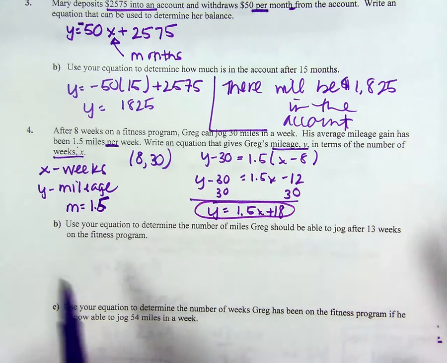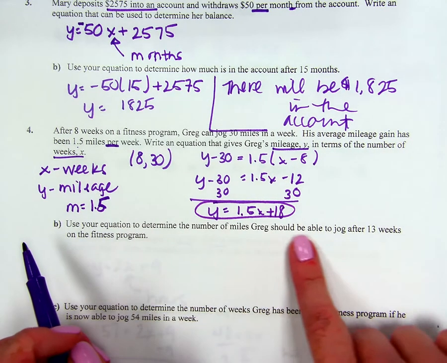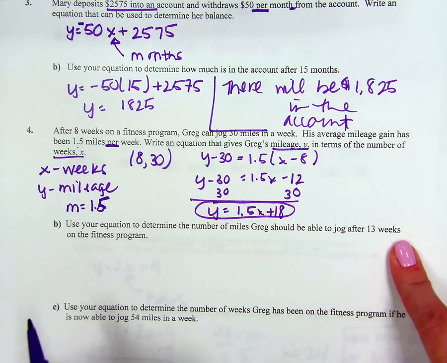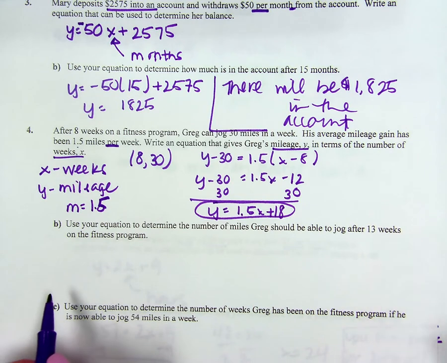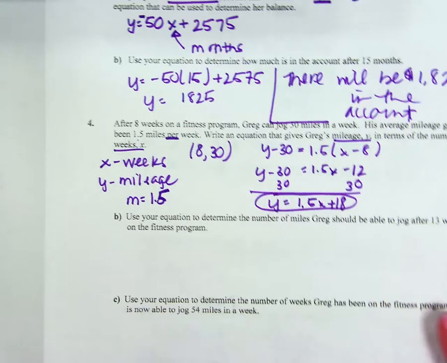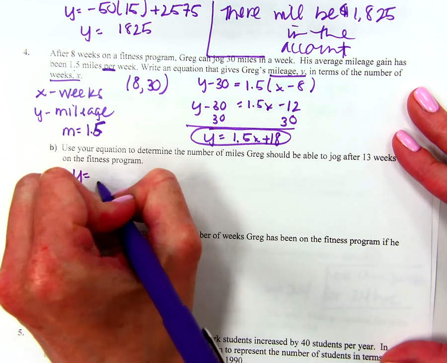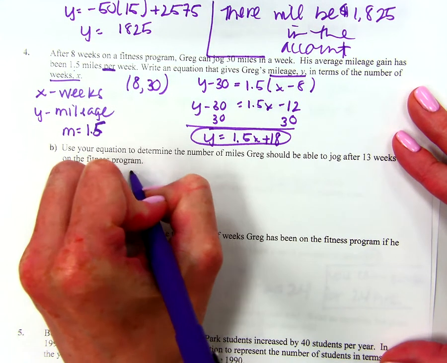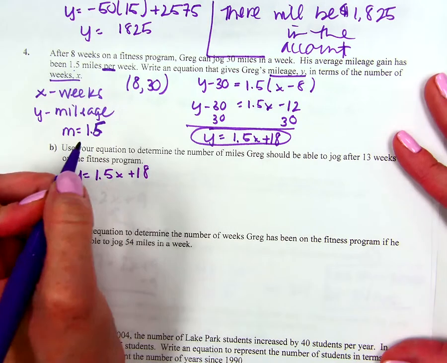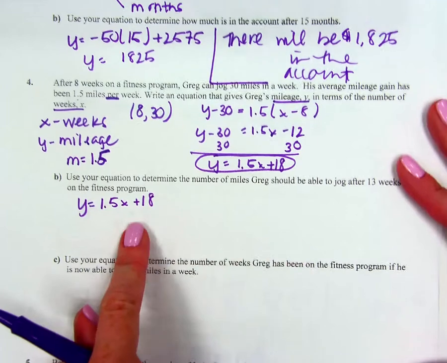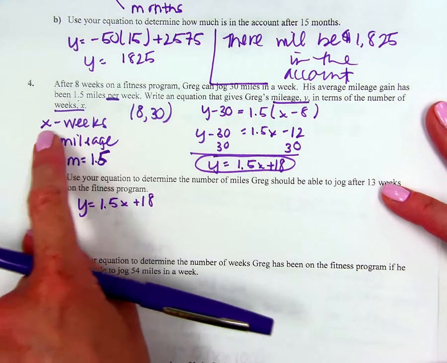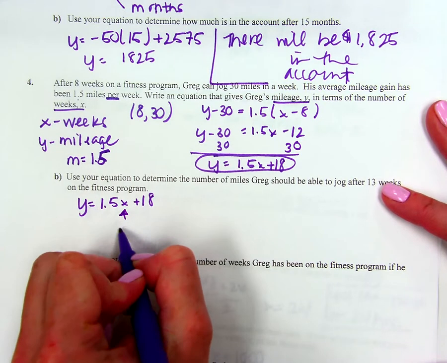So that's my equation. So it says, use your equation to determine the number of miles Greg should be able to jog after 13 weeks on the fitness program. So I'm going to take my equation that I just solved for, y equals 1.5x plus 18. And I'm going to take my 13 weeks, and that was my x. So I'm going to put my 13 in for my x.